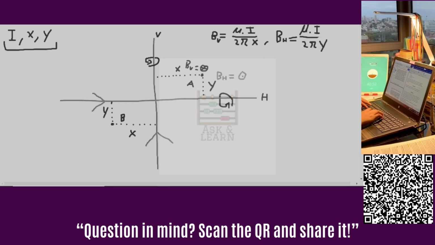To find our net magnetic field for this upper case, we have to subtract, depending on whichever one is higher. In this case, x is a little bit longer than y, so our BV is going to be a little bit stronger than BH. So we can subtract BH from BV to get our B net.